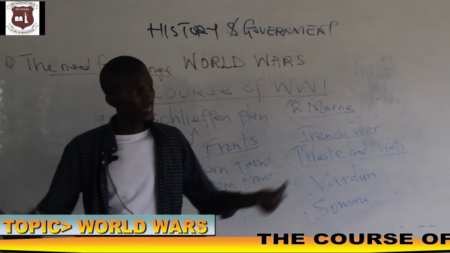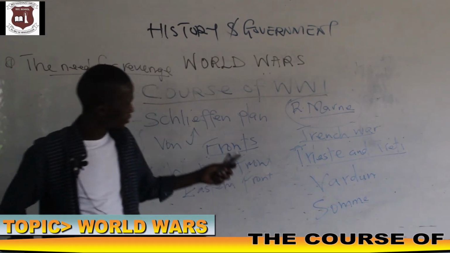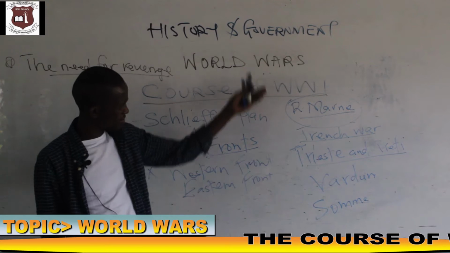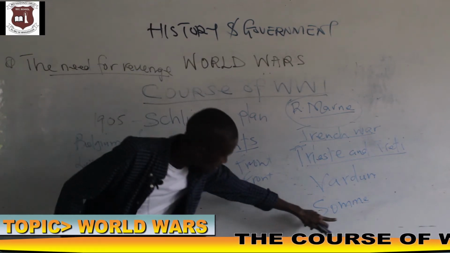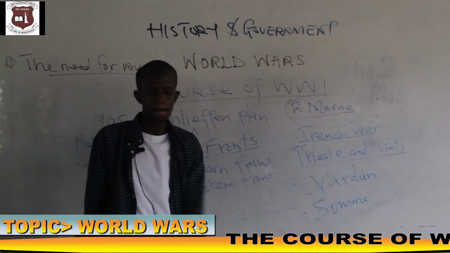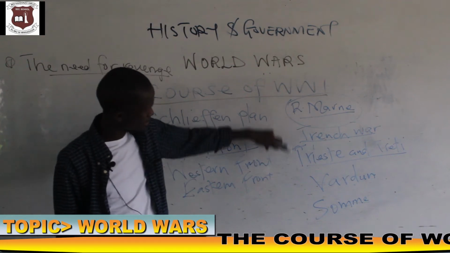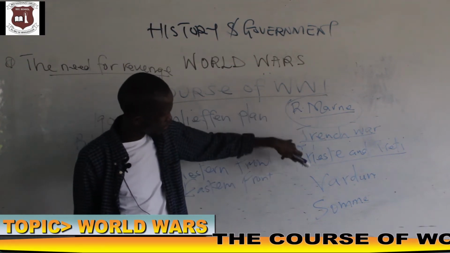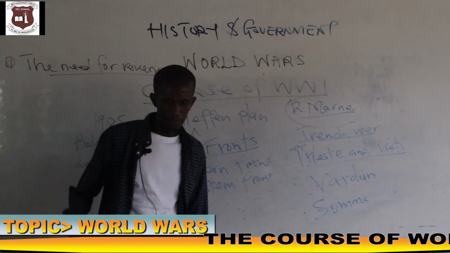By November 1916, Germans and the British had lost about 500,000 soldiers each at Somme River. That was a great loss, but it was a war. So that was the war at the Western Front, fought in three major areas: River Marne in the trench war, Verdun, and River Somme.